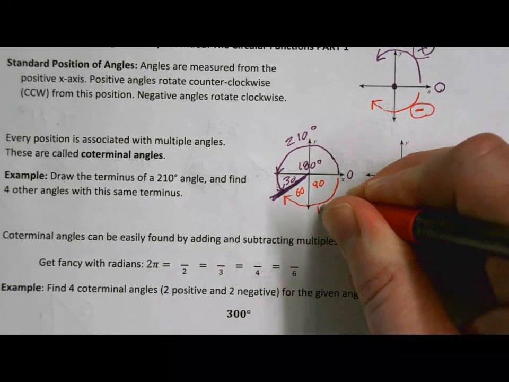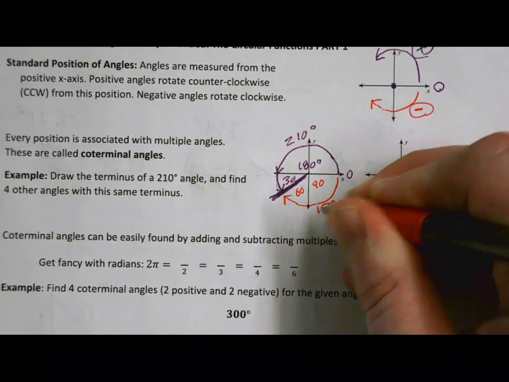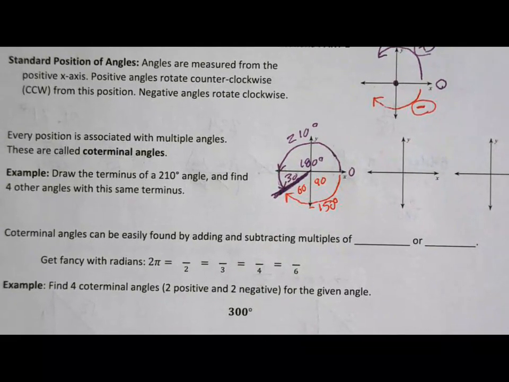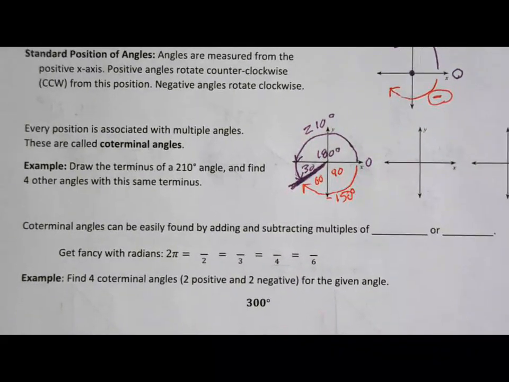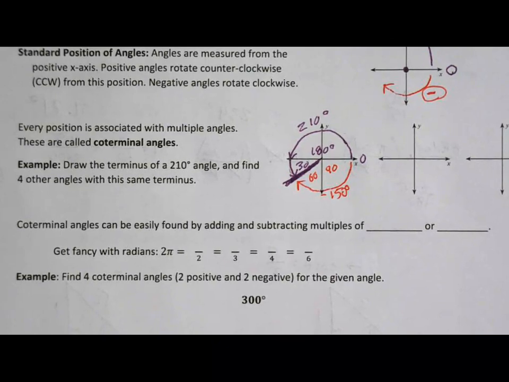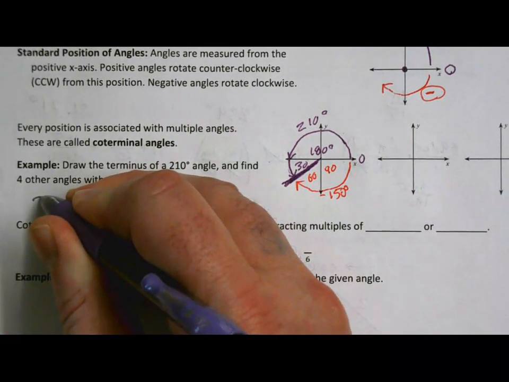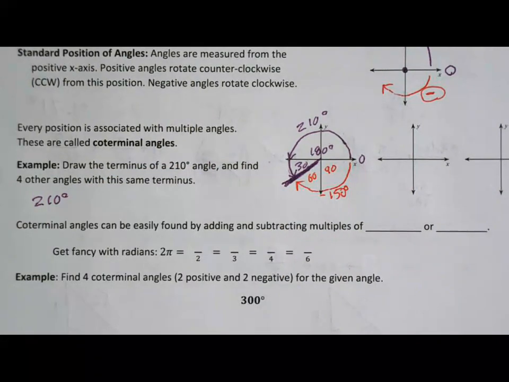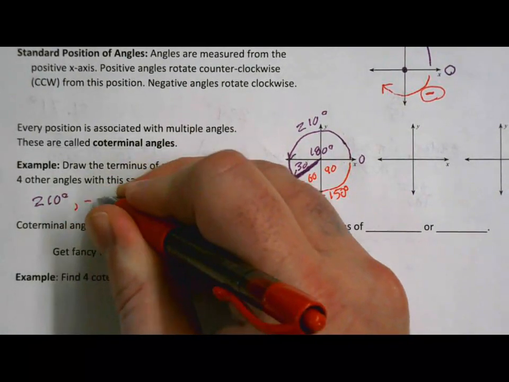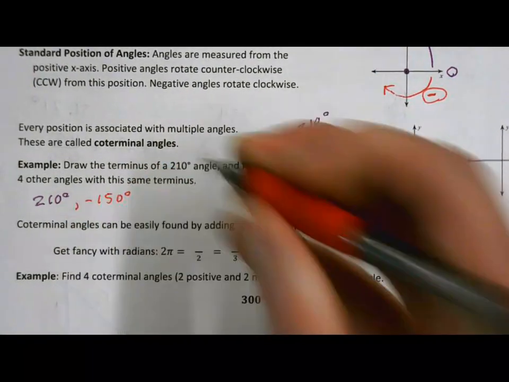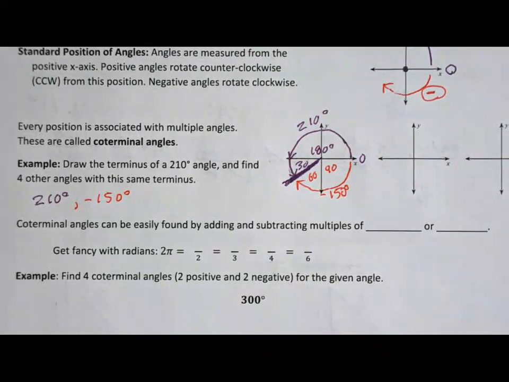That's 150. That's a negative 150 degree angle. Those both end at the same place. These are examples of coterminal angles. 210 degrees and negative 150 degrees will both get you to the same spot on our unit circle.